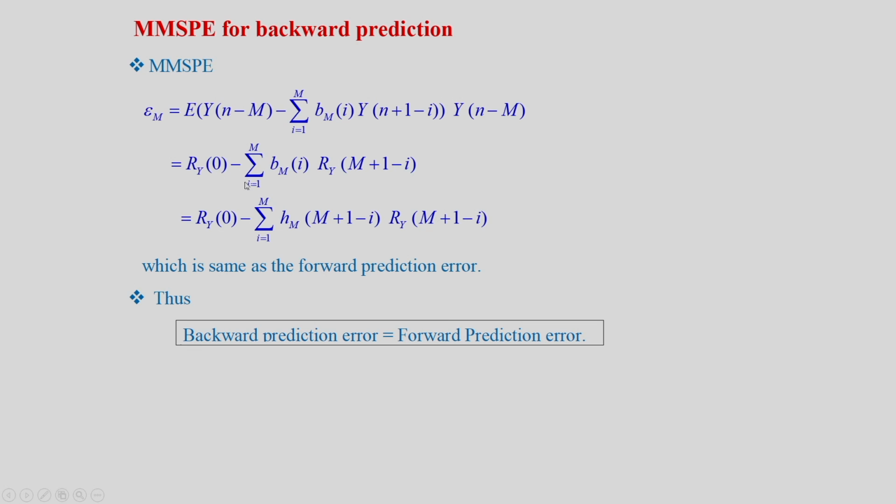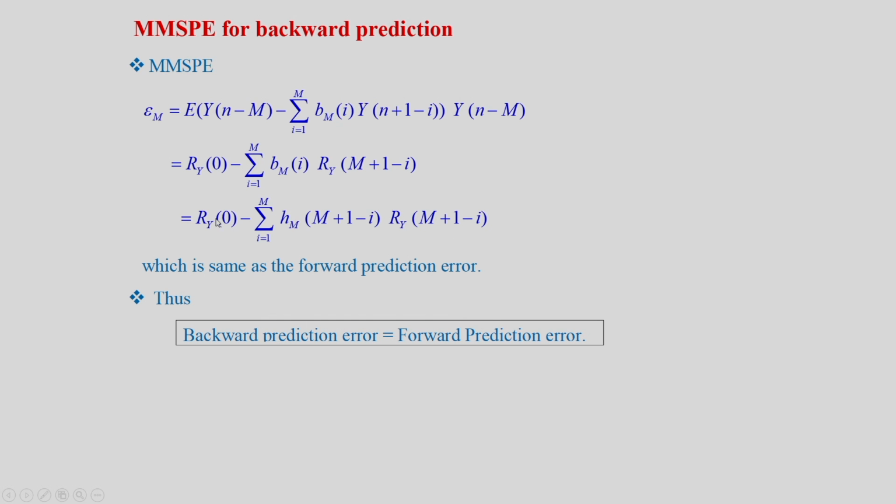If we substitute, this is equal to Ry(0) minus summation b_m(i) into Ry(m+1-i), i equal to 1 to m. And since b_m(i) is equal to h_m(m+1-i), we substitute this h_m(m+1-i) for b_m(i) and we get this expression.